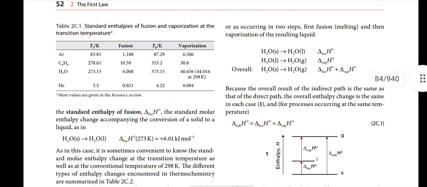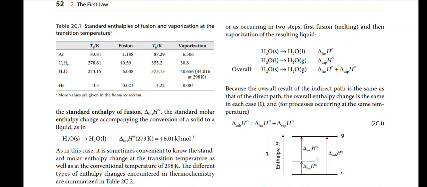or as occurring in two steps. First fusion, that is melting, and then vaporization of the resulting liquid. H2O solid changes into H2O liquid, standard enthalpy of fusion, and H2O liquid changes into H2O gas, standard enthalpy of vaporization.